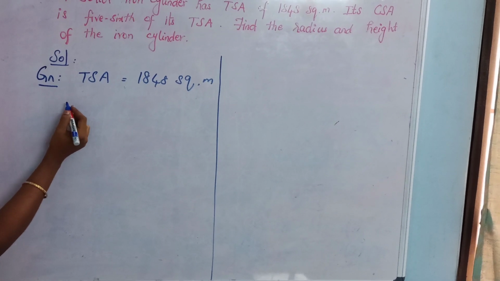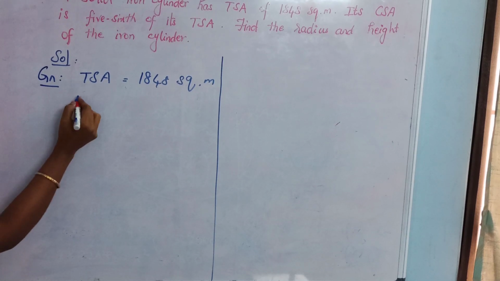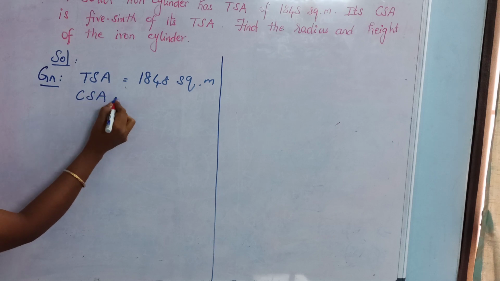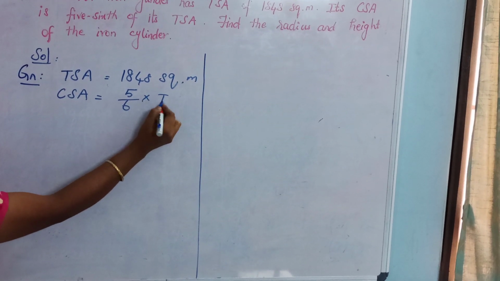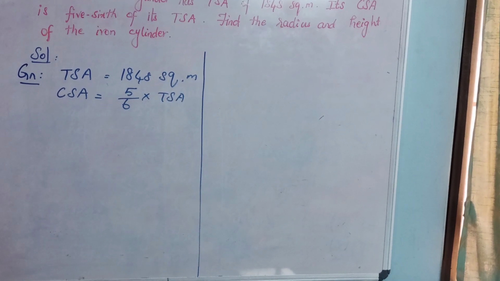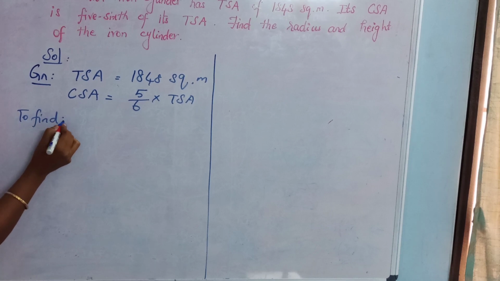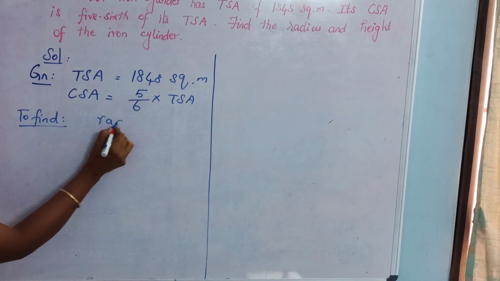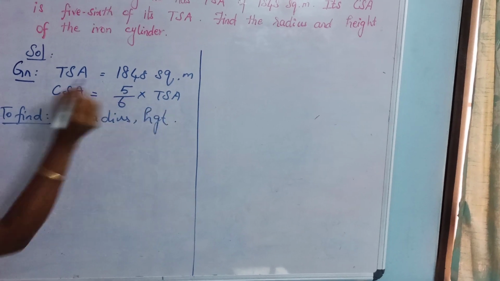So which is given as CSA is 5/6 of its total surface area. So CSA equal to 5/6 of its total surface area. This is what given, and we have to find its radius and height. So we have to find radius of the cylinder and height of the cylinder.